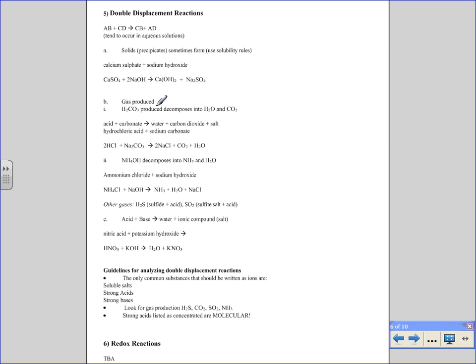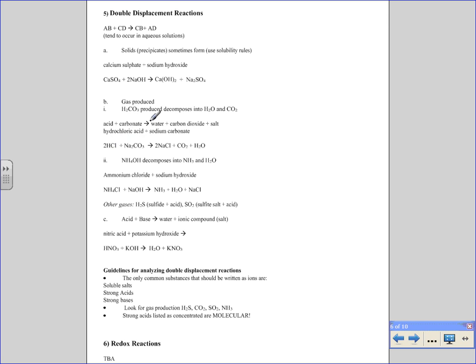Another scenario is when you've got a gas produced, and this is often an example of an acid-base reaction. So say I've got hydrochloric acid with sodium carbonate. When I do a double displacement reaction on this one, I get H2CO3 and NaCl.